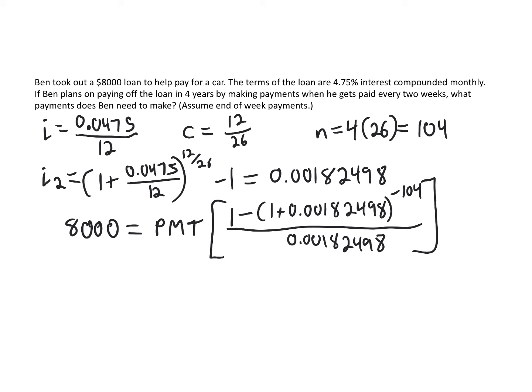And then you're going to calculate that out and do 8,000 divided by what's in that bracket, and you will get a payment of $84.52. Now, because we've rounded the payment, in practical application of this, the rounding of your payment means your last payment for the loan is going to be larger or smaller depending on how you round it.